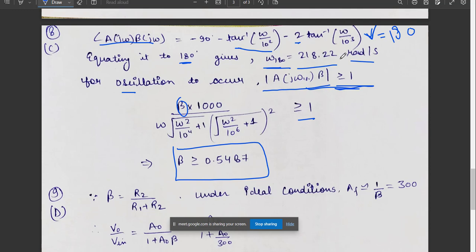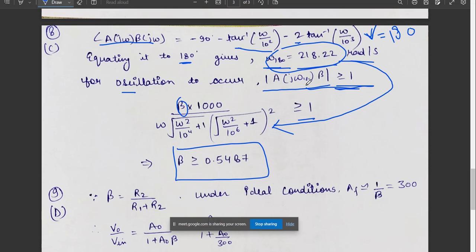What we have done here: we have put omega at 180 degrees equal to 218.22 into this equation, and we'll get the value of beta.